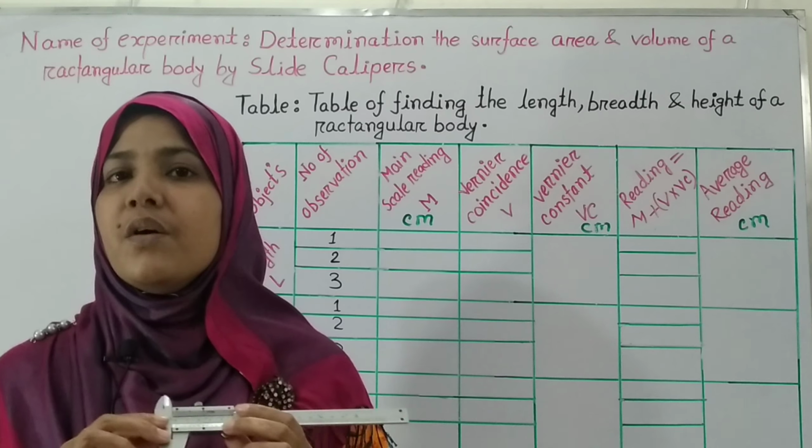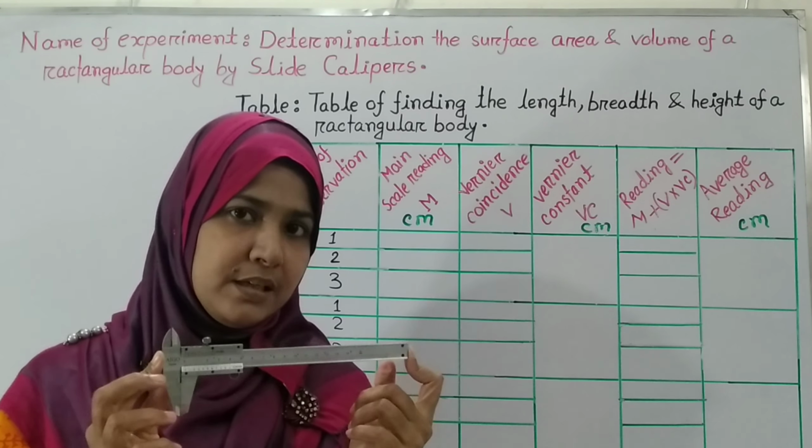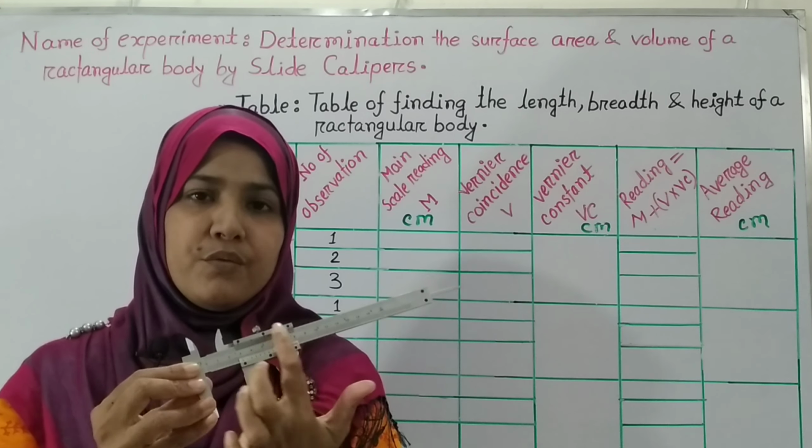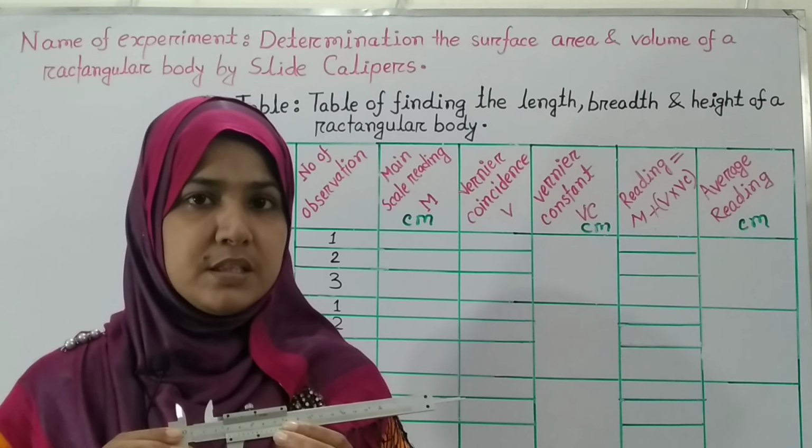divisions of the vernier scale. The slide calipers which is in my hand, here is the vernier, and the number of divisions of the vernier scale is actually 20.